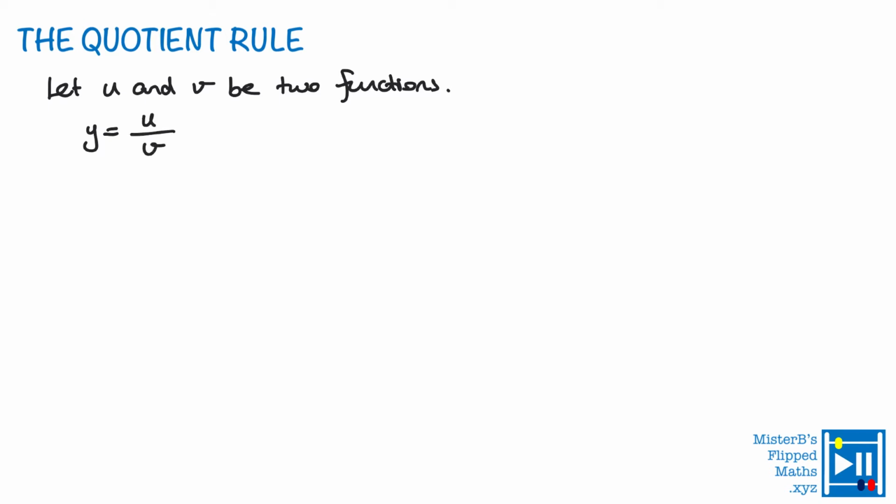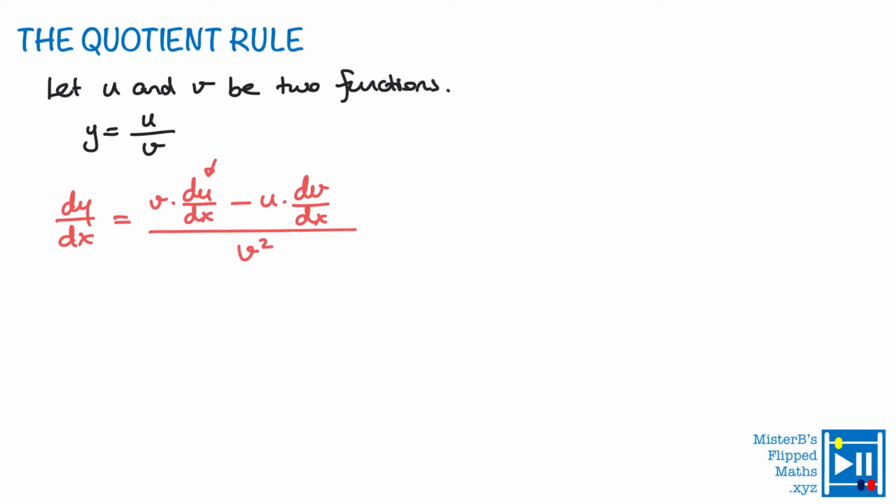So basically, if you have two functions, u and v, and you define a function as their quotient, u divided by v, then the quotient rule is dy over dx equals v times du over dx minus u times dv over dx, so the derivative of v here, and this is the derivative of u here, divided by v squared.